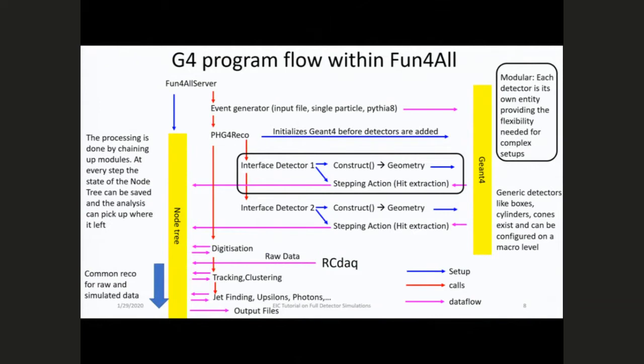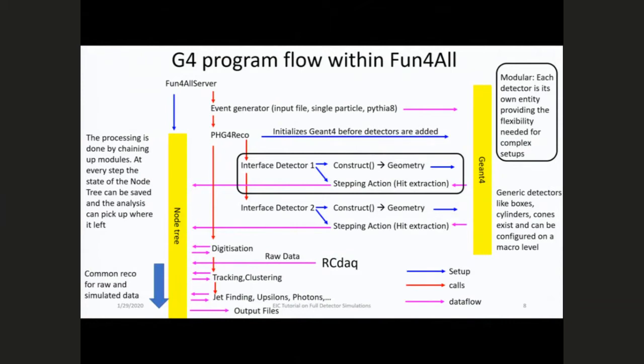This is the place where we extract the hits from Geant4 and put them back on the node tree. The detectors are modular, so you've got 1 detector, 2, I think in the meantime it's like 20 or something chained up. Each detector is its own entity, providing the flexibility for complex setups.